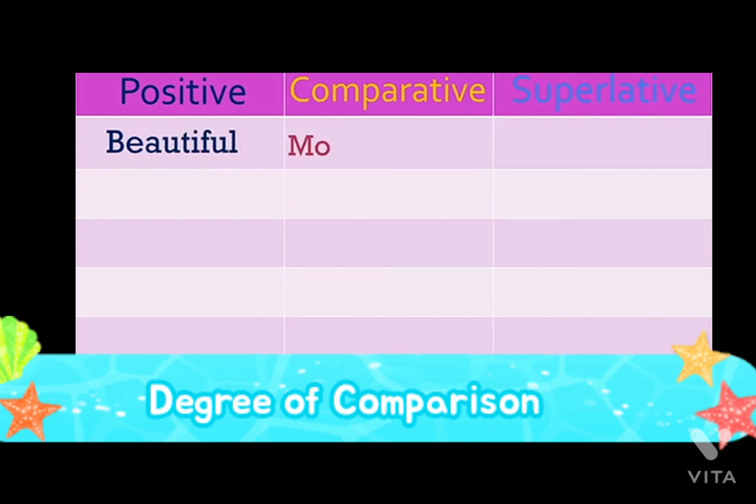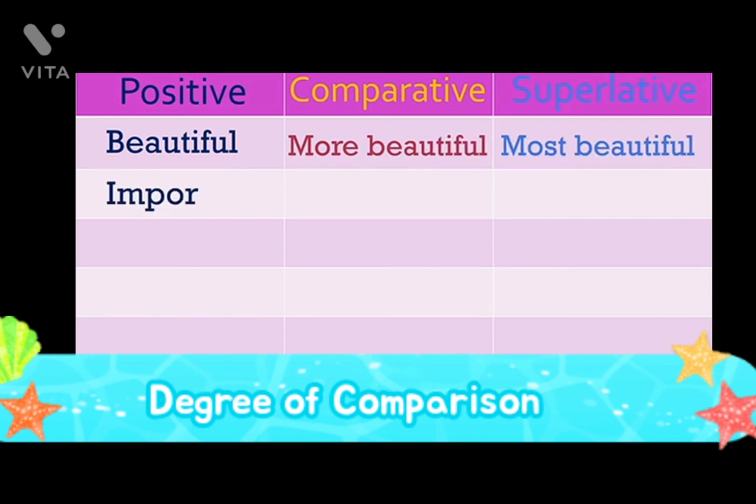Beautiful, more beautiful, most beautiful. Now here you can see most is being used for the superlative degree and more for the comparative. Important, more important, most important.